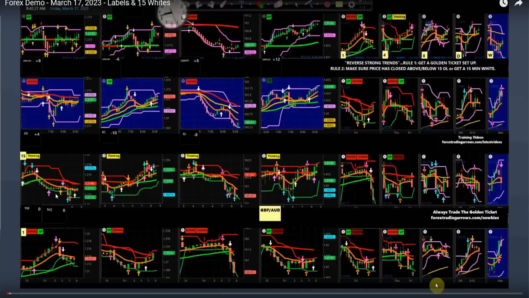So you didn't really need rule 2. You could have taken the trade here, or just come in the room now. You see this, Stephanie? You can take this because of the 4-hour orange line and 8-hour orange line with the trend.